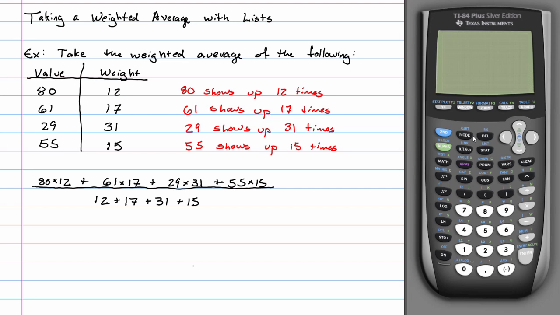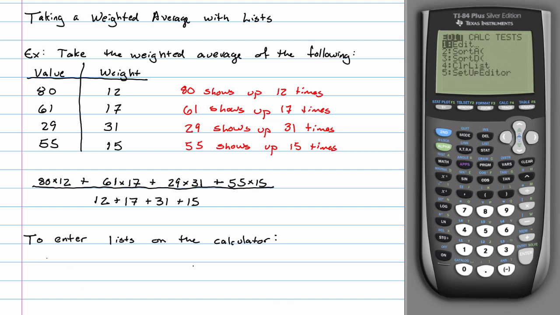So the first thing we'd like to do is enter our lists of values. So we have one list of values and one list of weights. We'd like to enter these lists on the calculator. To enter lists on the calculator, we press the Stat button and just select the first option.